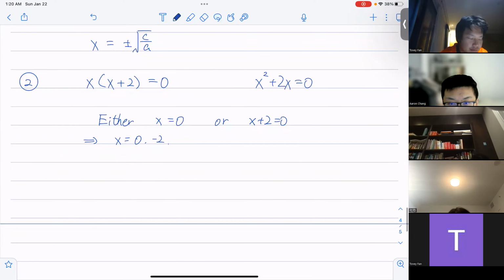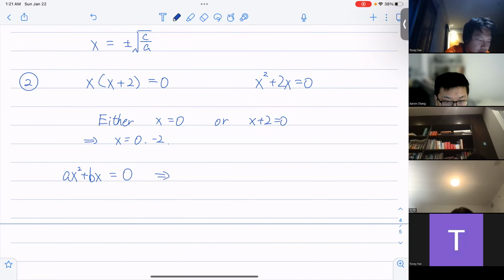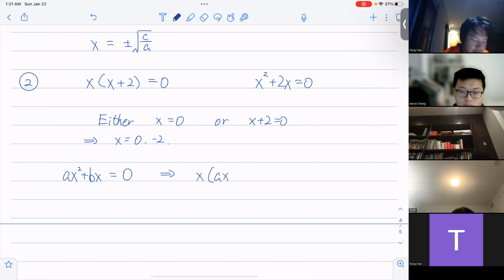Okay, so the summary of the second type would be if you have anything like ax squared plus bx equals 0, where a and b are just some coefficients, right? This kind of equation, you should first factor out x. x times (ax plus b) equals 0.